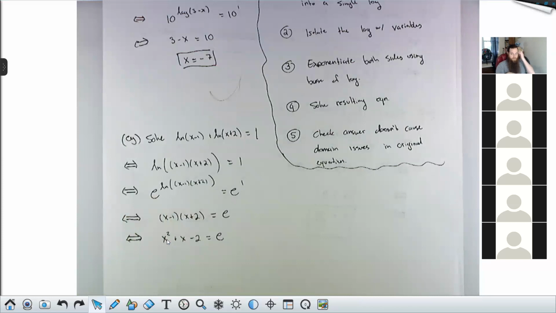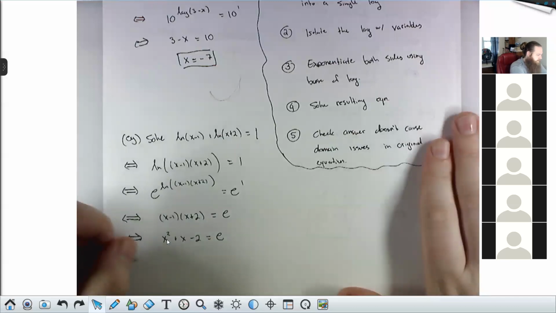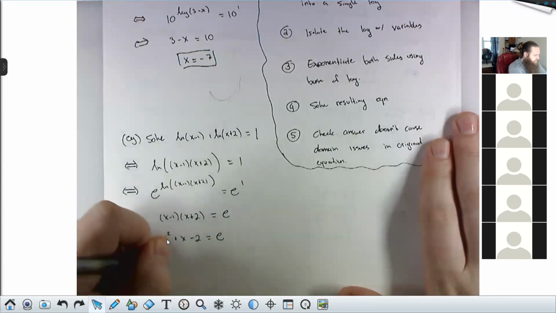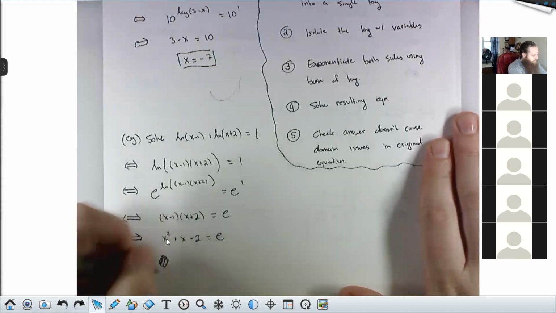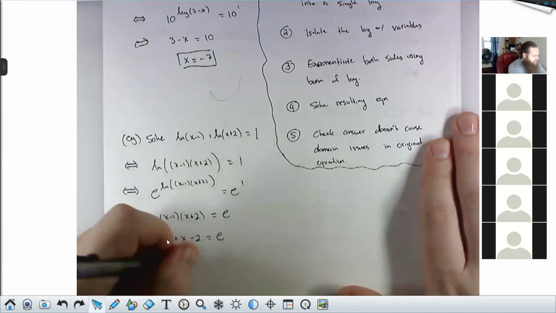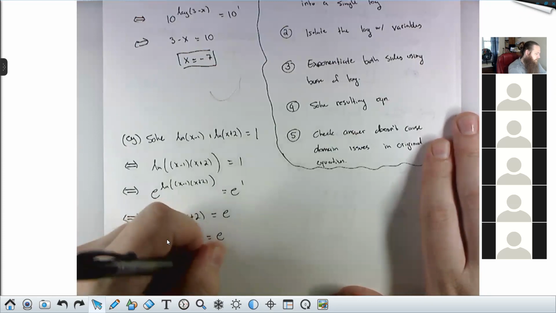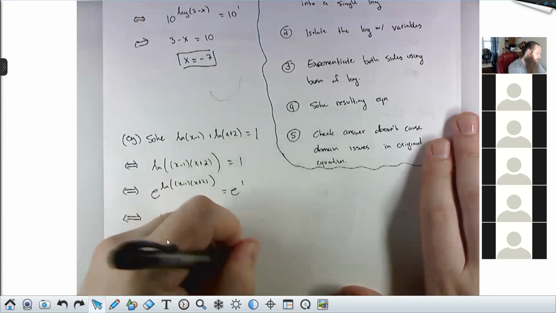I'll give you a hint, it's not easy. It's a quadratic, it's a polynomial, so you have to pull everything to one side and factor. But e is such a weird number that there's no way you're going to be able to factor this nicely. So I'll write it like this: x squared plus x minus 2 minus e equals 0.